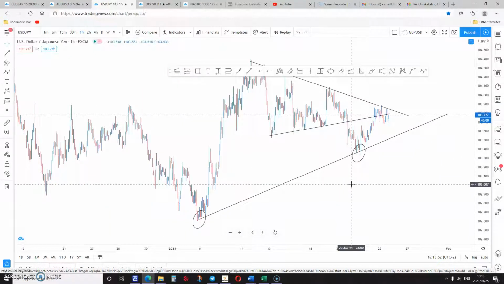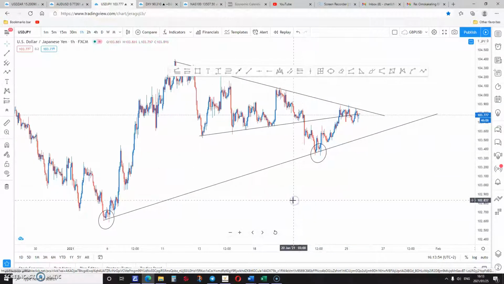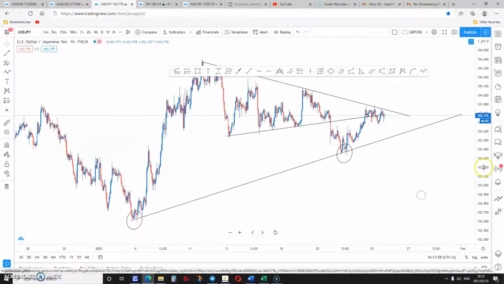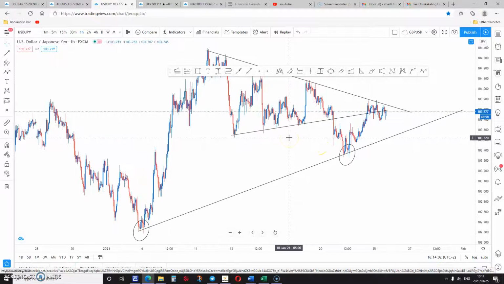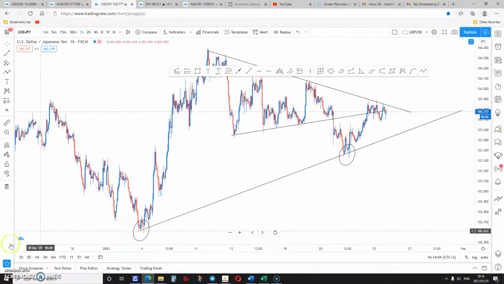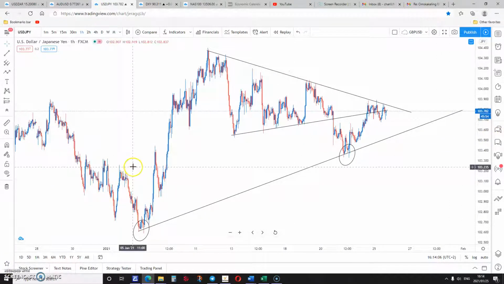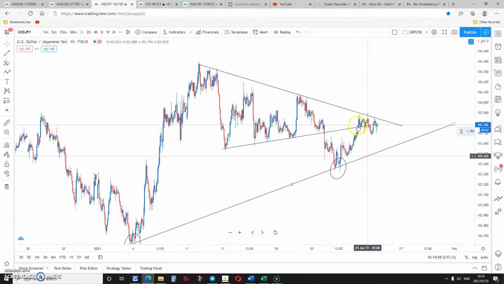So yeah, trend lines get used to mark the direction that a certain pair is moving in, or has the potential of moving into the future.